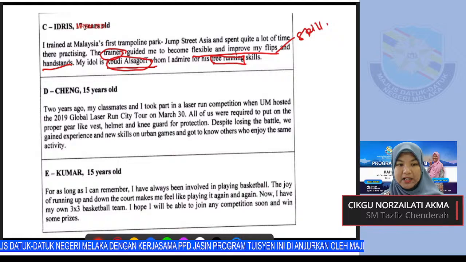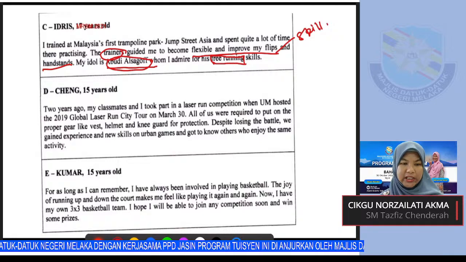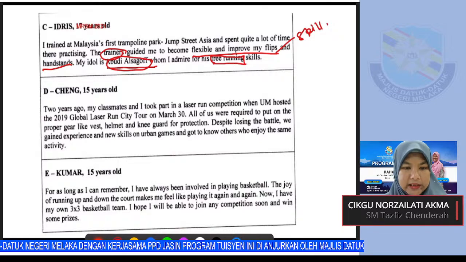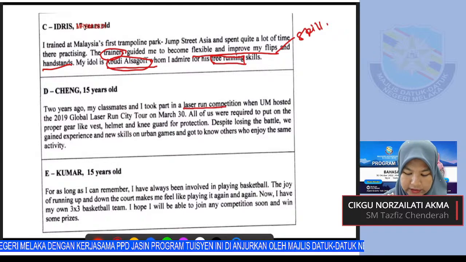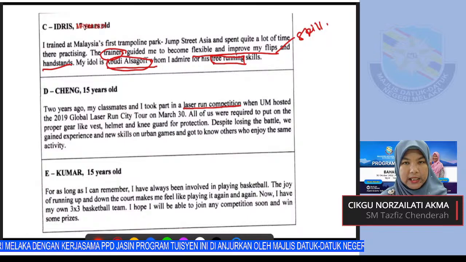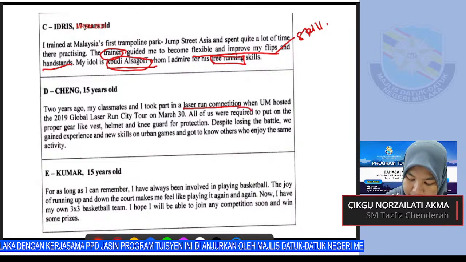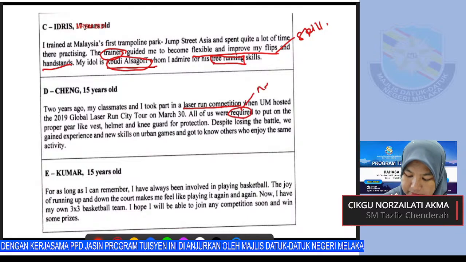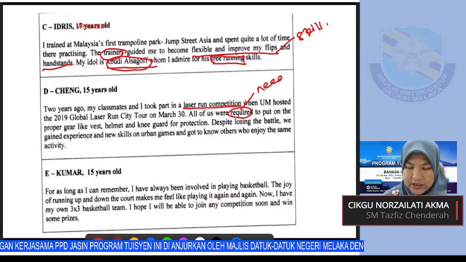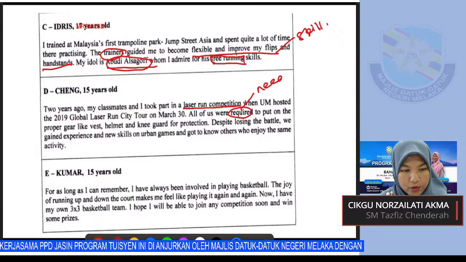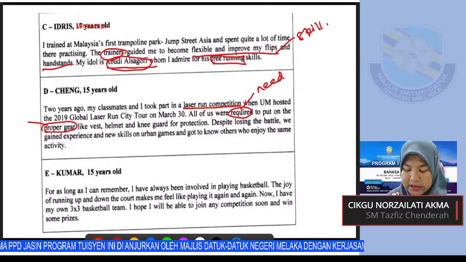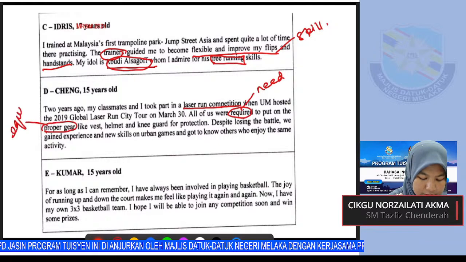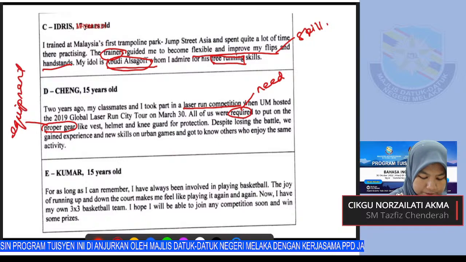Okay, here Chang, he took part in a laser run competition. Okay, and then he said that they were required. Required means need. They were asked to put on proper gear. Proper gear here means proper equipment.